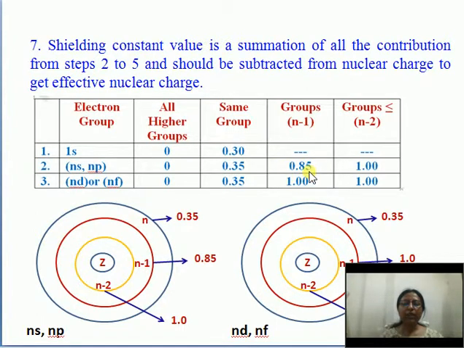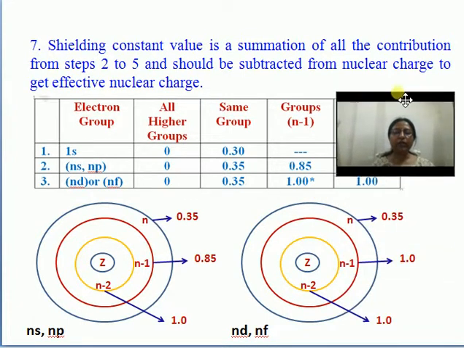You can recheck them from Slater's rule. Groups less than or equal to n-2 will contribute 1. And for nd and nf kind of electrons, the same group will have 0.35, and groups n-1 or n-2 all will contribute 1.